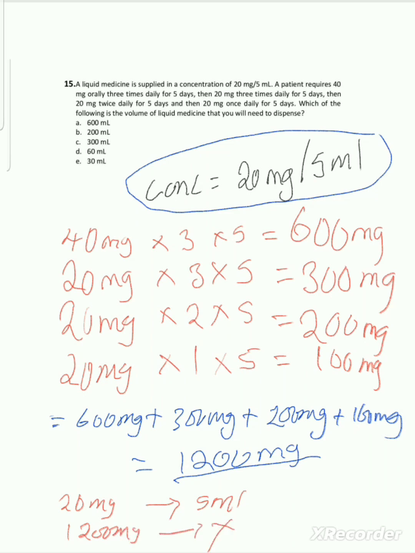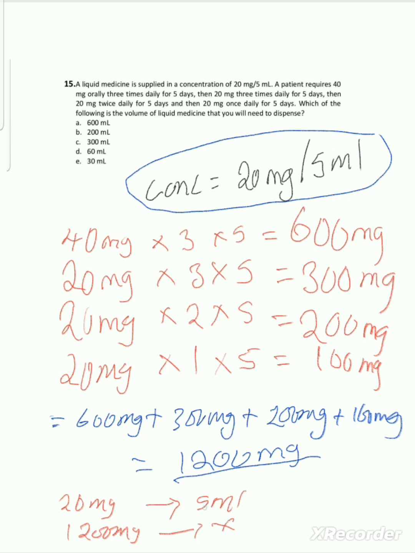I want to know the volume of this medicine, which is 1200 milligrams, that will be needed to dispense. We want to dispense this medicine. Now, what volume of this medicine do you need to dispense? But we know the mass is this one.